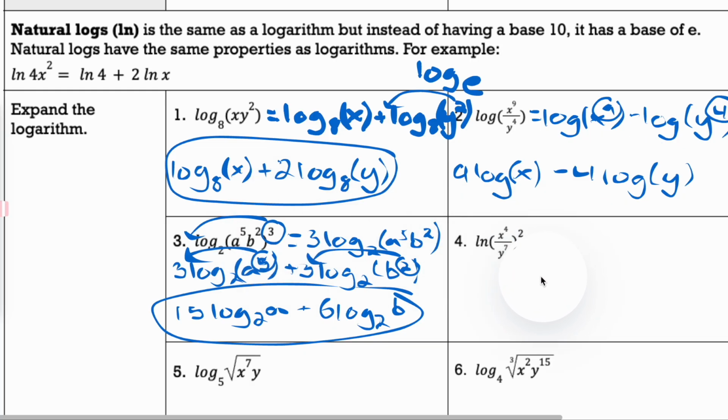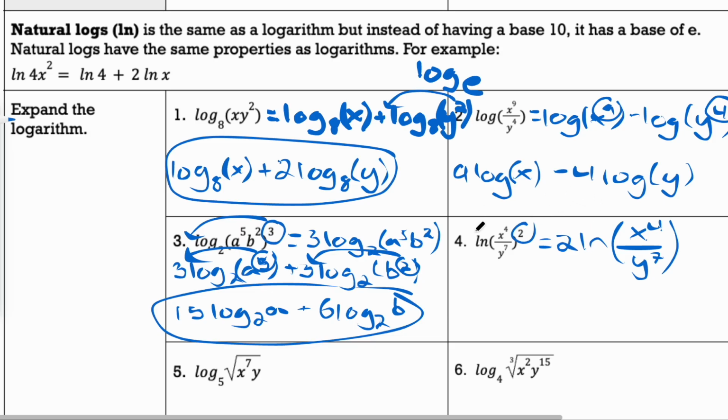Actually, oh jeez. Sorry, I just wanted to erase that because it got in the way. So we're going to tackle this 2 by moving that out front and saying 2 times ln of x to the 4th over y to the 7th, right?